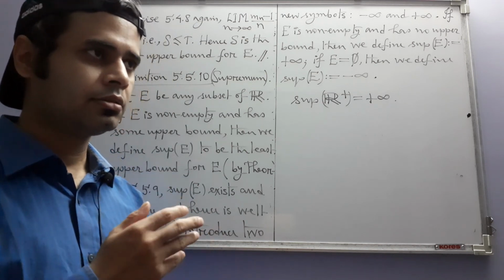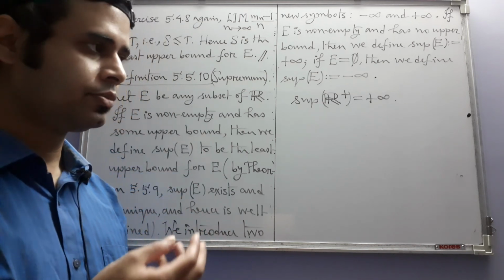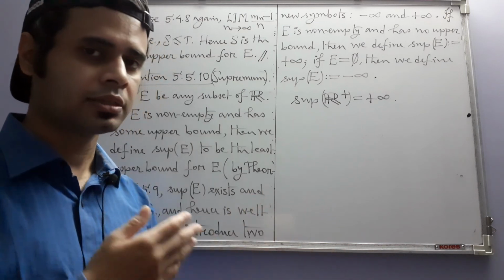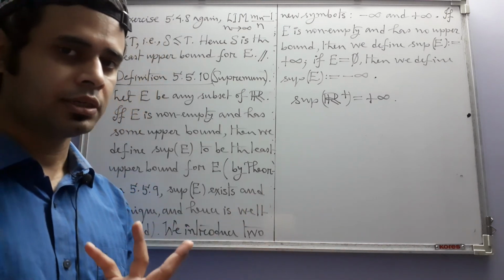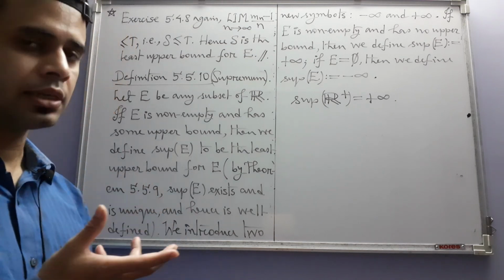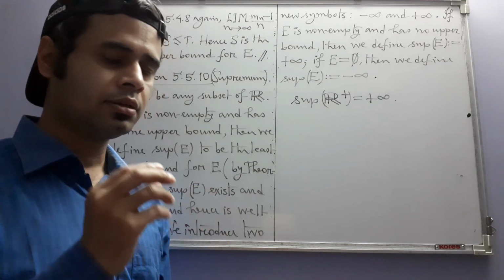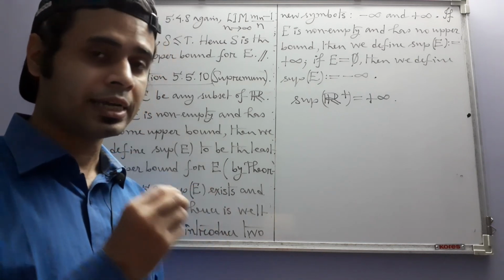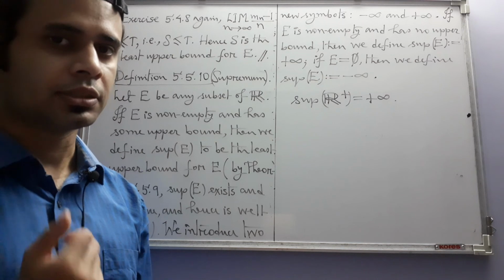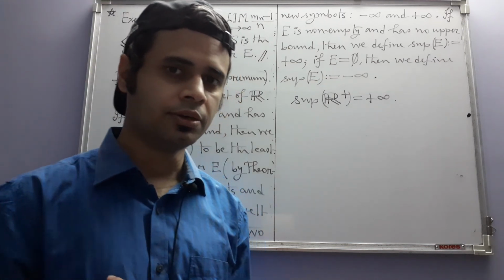So, such types of numbers can now be produced. In the system of real numbers, there is in fact a positive real number whose square is equal to 2. So, we will see such things which justify our construction of the system of real numbers. So, with this I end this video.